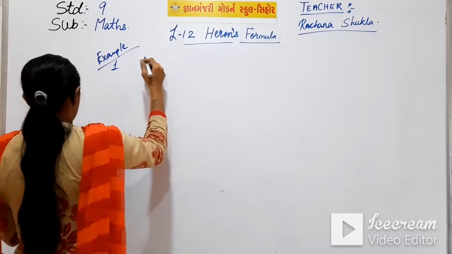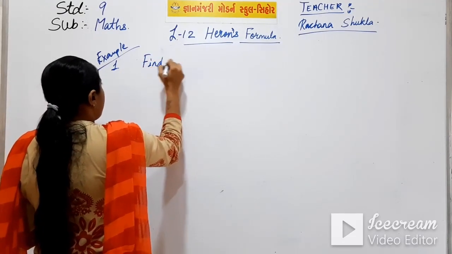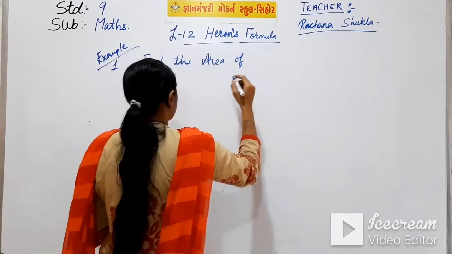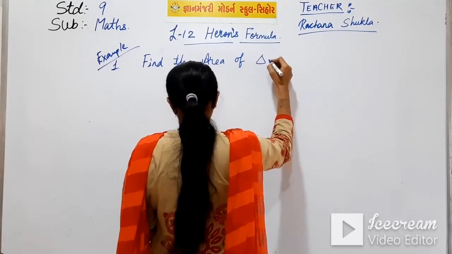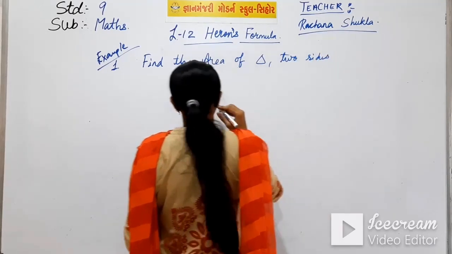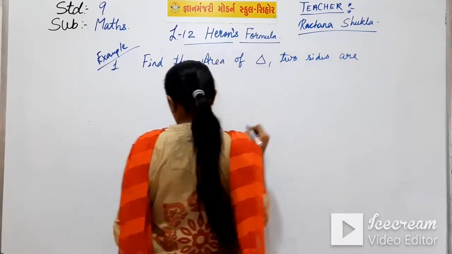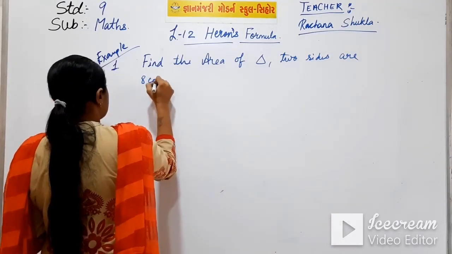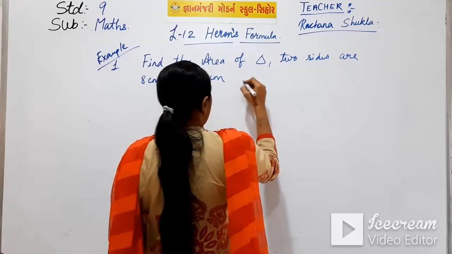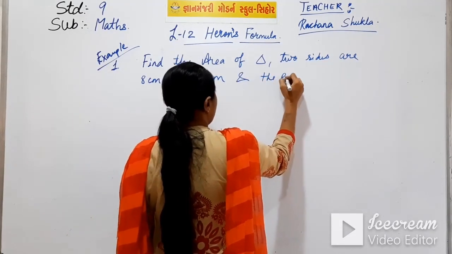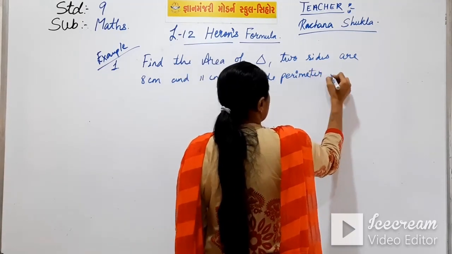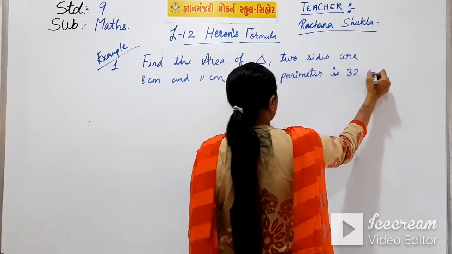Example 1 is, find the area of triangle, two sides are 8 centimeter and 11 centimeter, and the perimeter is 32 centimeter.